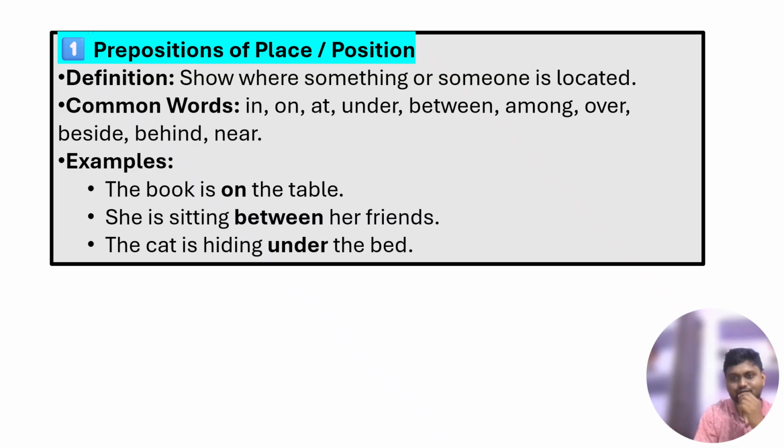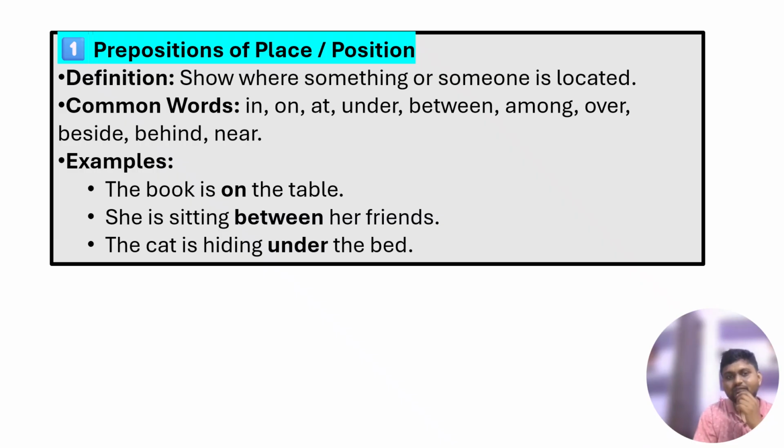Between is used to show a position which is in the middle of two other objects. Among is used for something which has more than two people. Beside is used for a position which is just by the side. Behind and near are common words, and you normally know the meaning of these words.